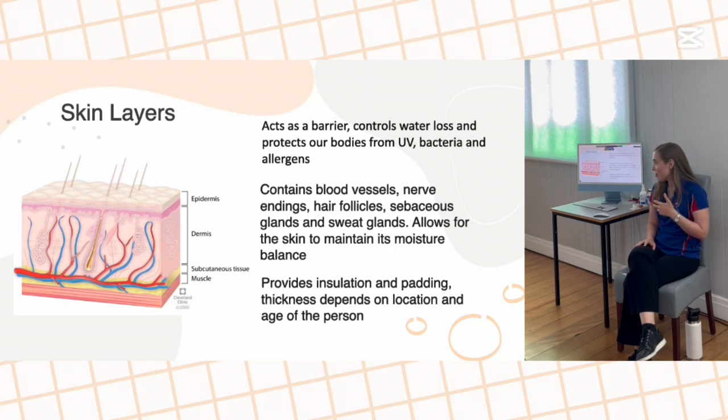And then we have our subcutaneous tissue, which provides insulation and padding, and the thickness depends on the part of the body. The palm of our hand would have thicker skin than the back of our hand, and it also depends on the age of the person. We have some changes when we get older.